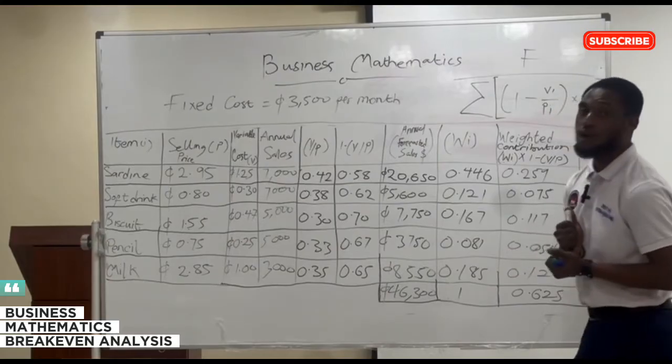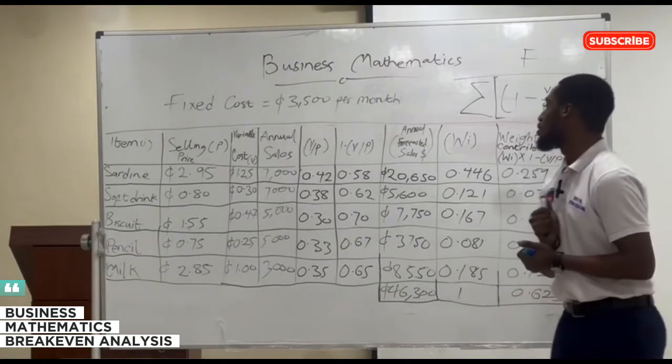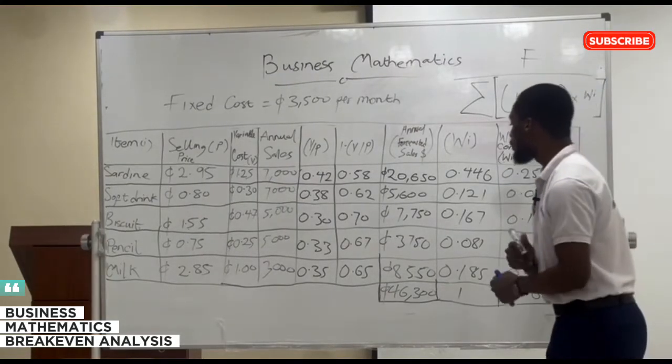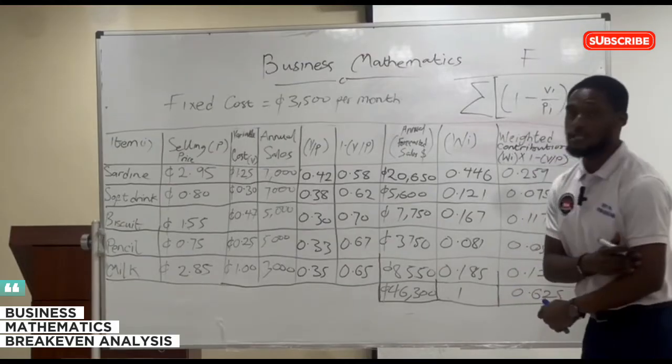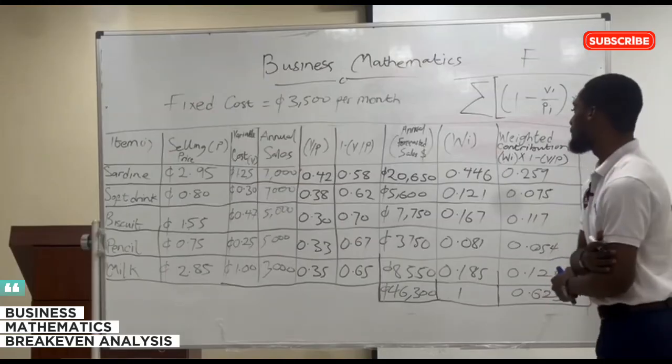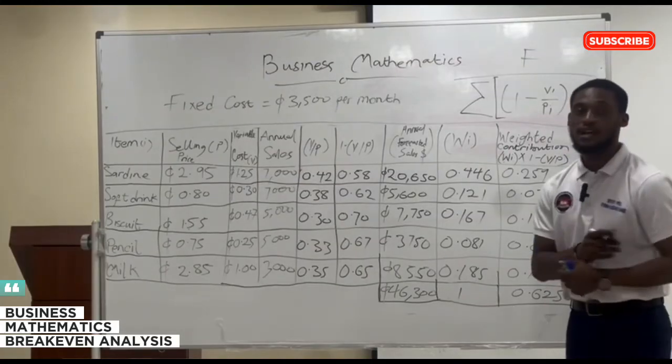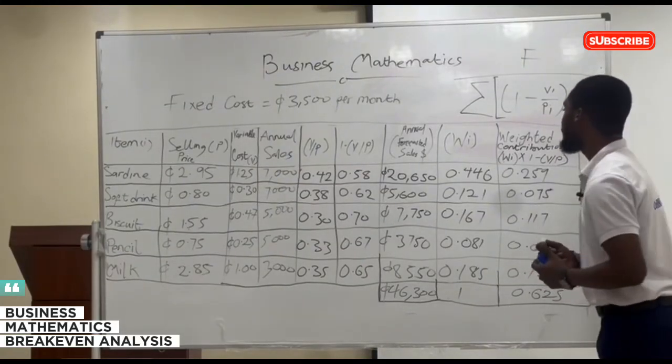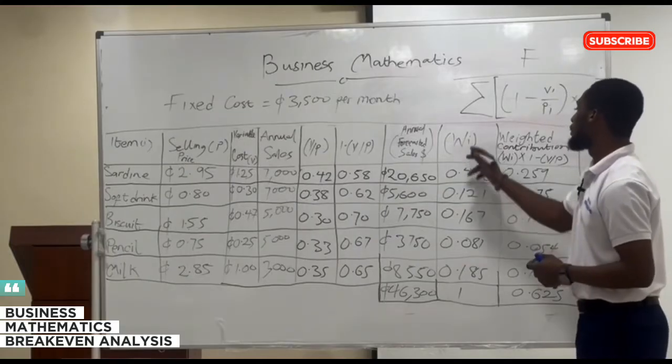After getting your annual forecasted sales, you add all to get your total annual forecasted sales, which we had here to be 46,300.